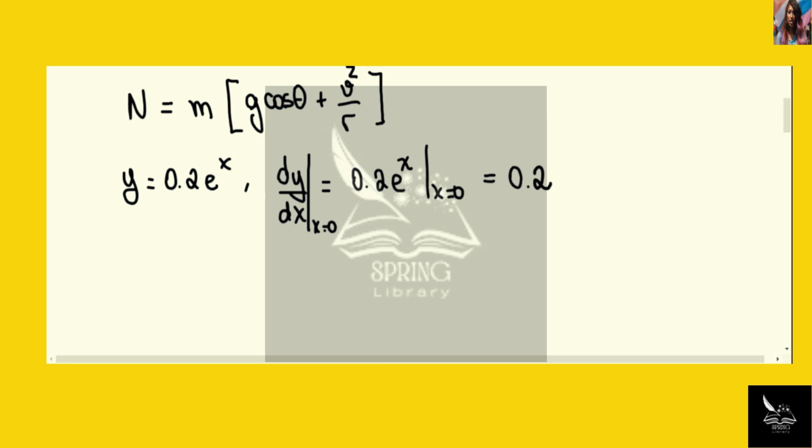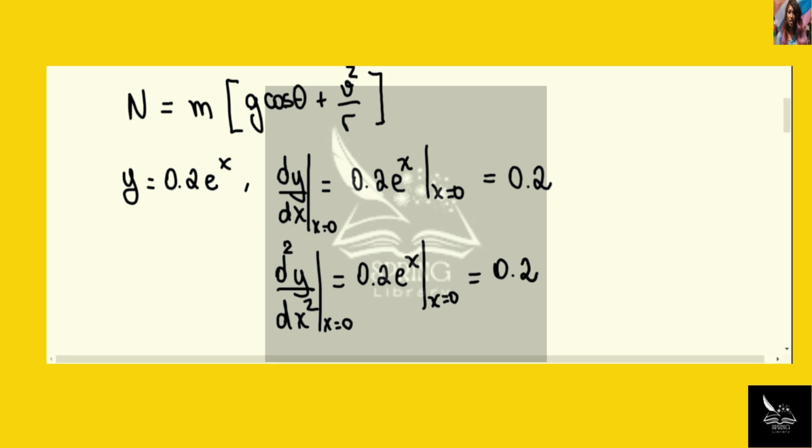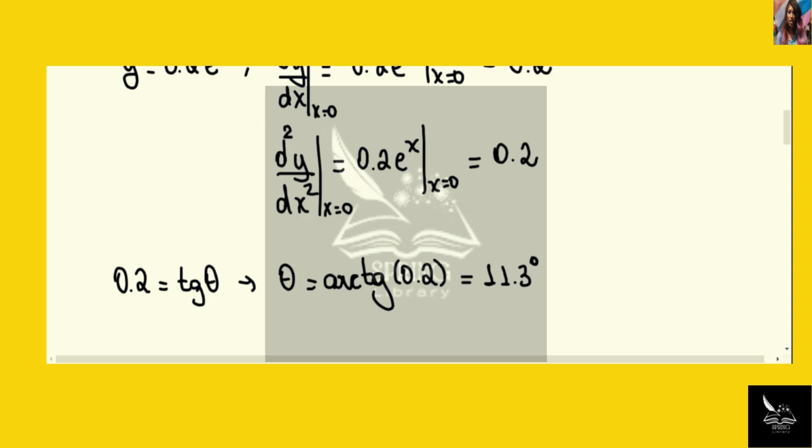Also, and this is going to be useful when we're calculating the radius of curvature, d2y/dx2 is also 0.2 e to the x, which calculated at x equals 0 is equal to 0.2 as well. Okay. Now, notice that 0.2 is equal to the tangent of theta. So we can take the arctangent of 0.2, and this is equal to 11.3 degrees.